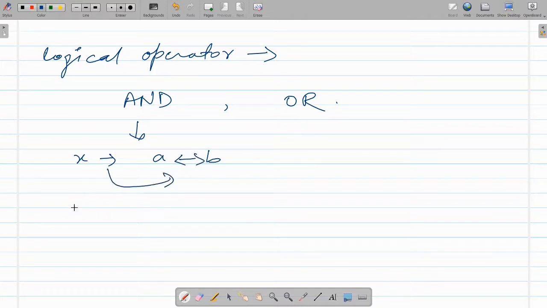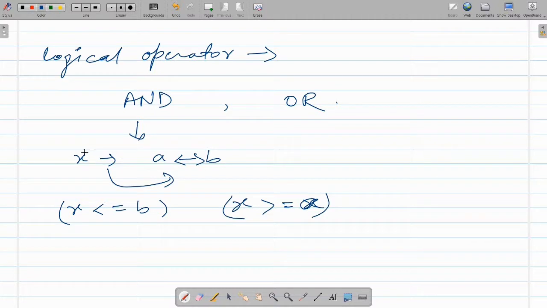We have to check whether x is less than or equal to b, and x is greater than or equal to a.